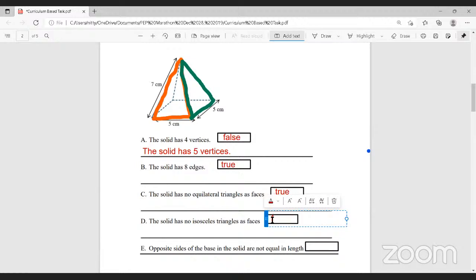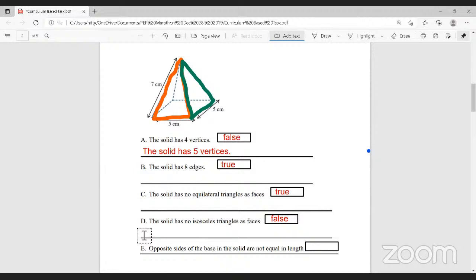And what will be the true statement? I want to write one of your true statements. So go ahead and tell me what would the true statement be? Because remember, we have to correct the ones that are false. What would the true statement be? So the solid has no isosceles triangle as faces. False. So how would we correct this statement?